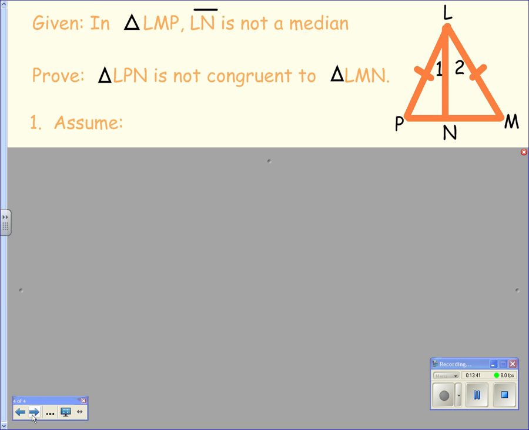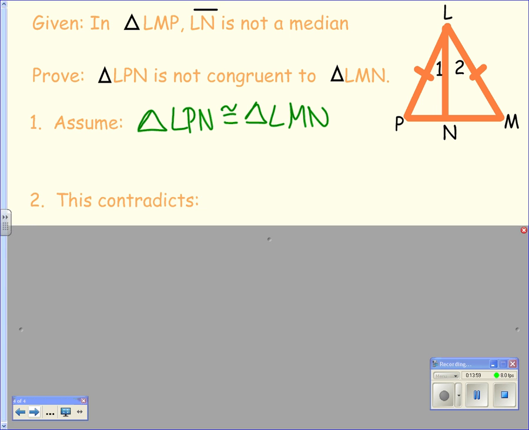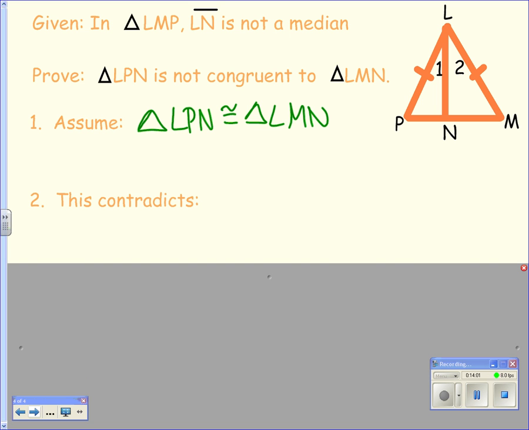Okay, so if this is false, they are not congruent, so we assume they are congruent. Does that make sense? Y'all see how that works? Okay. What is that going to contradict?